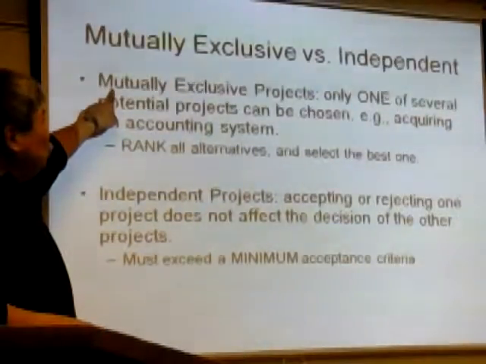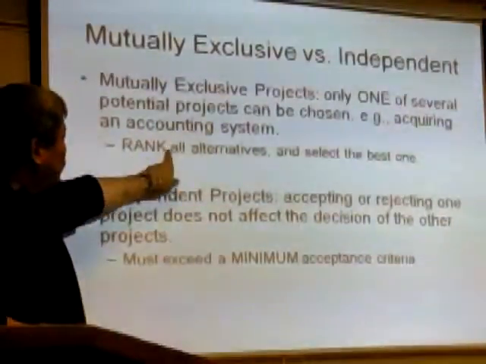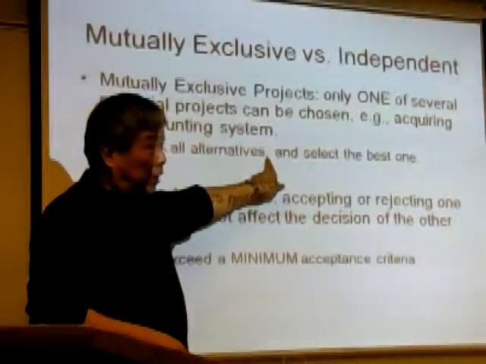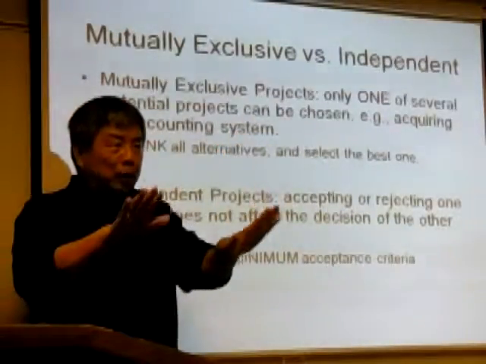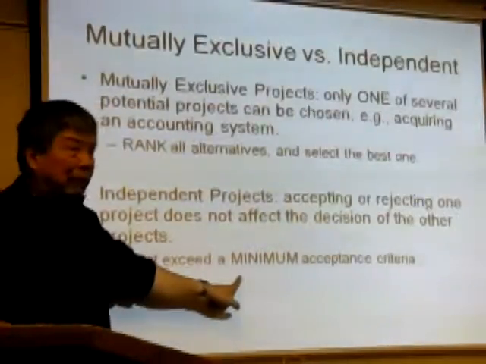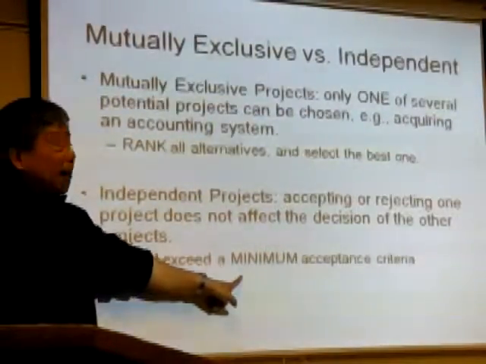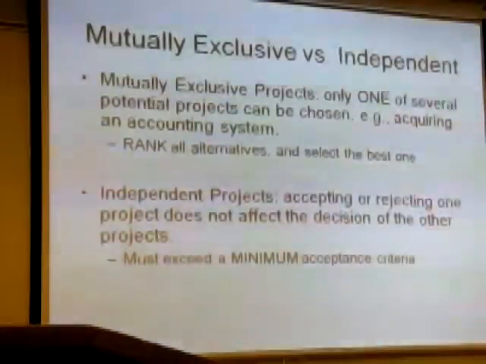Now, in the mutually exclusive situation, you make choices. You always rank the alternatives and choose the highest one. If these two projects are independent, you take them all if they meet the minimum requirement. But when it's a mutually exclusive situation, you have to make a choice.